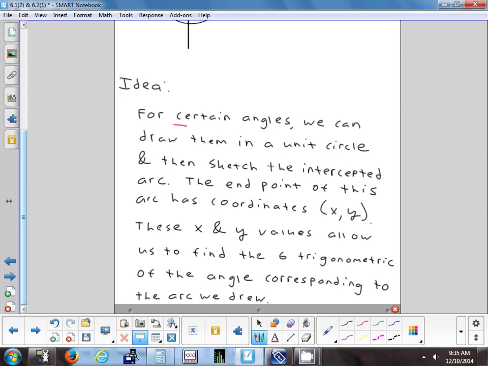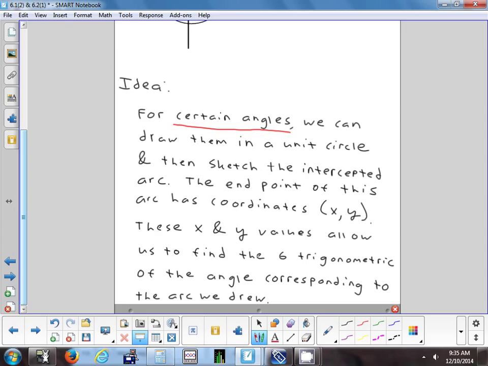Now I said we can only do it for certain angles. Generally, we're going to stick with doing it for angles that are multiples of 30 or 45. In general, unit circle trig cannot be used to find the 6 trig functions for just any angle.